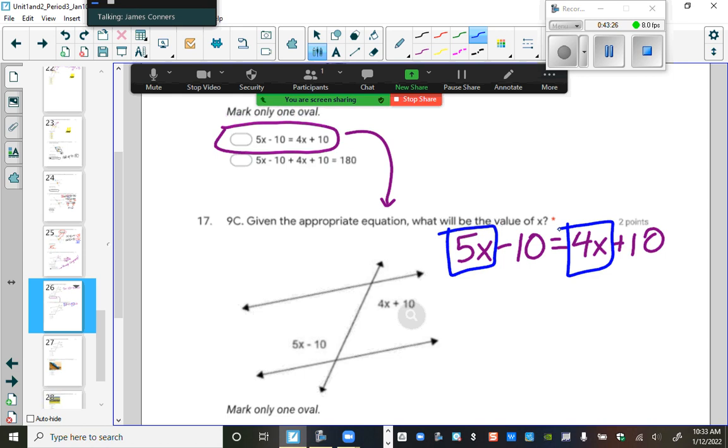What's the opposite of this one? Write it underneath. So right, plus 10 underneath. Plus 10 underneath. Right, plus 10 over here too.